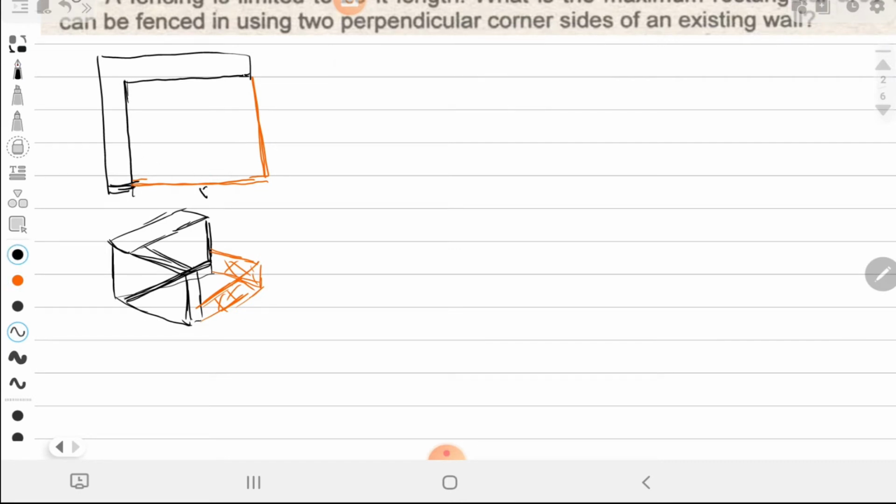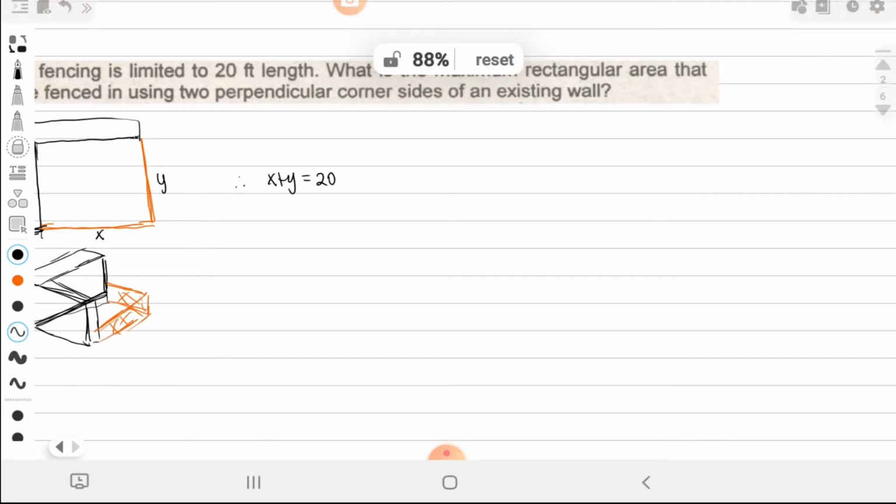So let's say this will be our x and this will be our y. So if we get the value of this, we have x plus y is equal to 20 feet. Right? So from this 20 feet, we can get our maximum and minimum value of our area. Right?